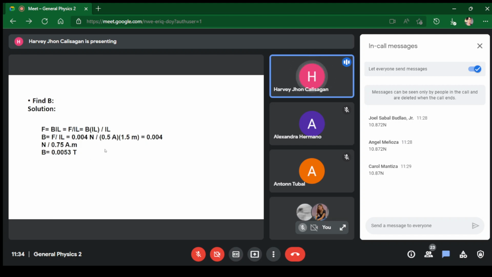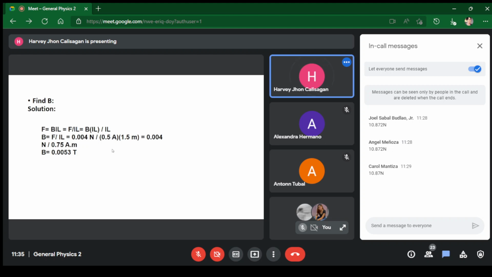The ampere, the current, is also the product of the charge in coulomb divided by the time, so we have coulomb per second. So we have kilogram meter per second squared, and then coulomb per second.